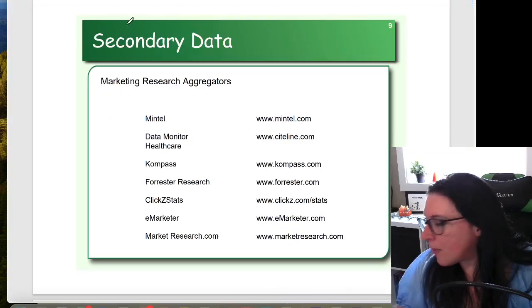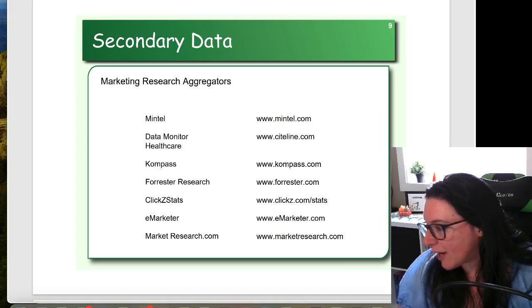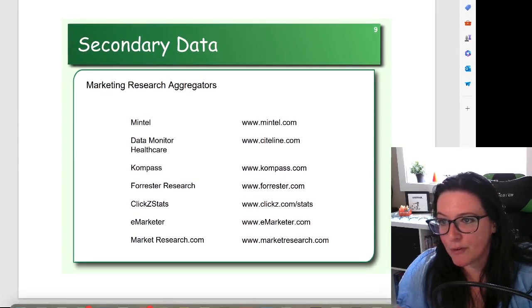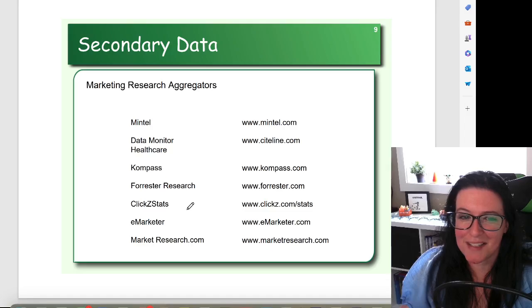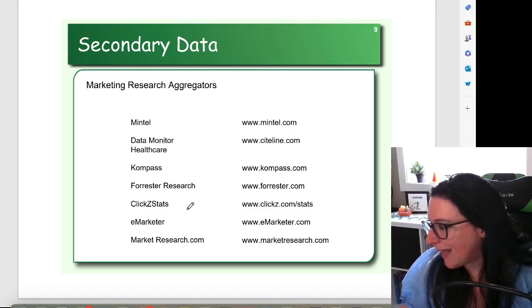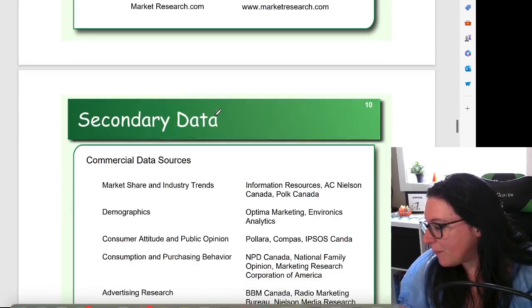So there are a number of different marketing research and just research in general aggregators who pull this information together. So check out different ones. They have different themes, different types of research information that they pull together. So we've just looked here at a couple examples of them.